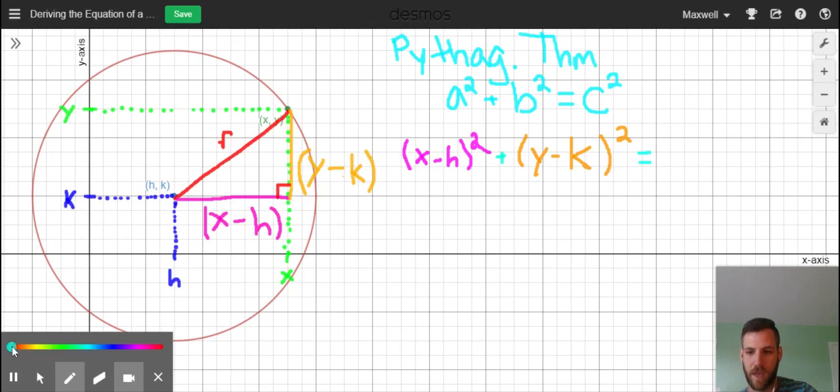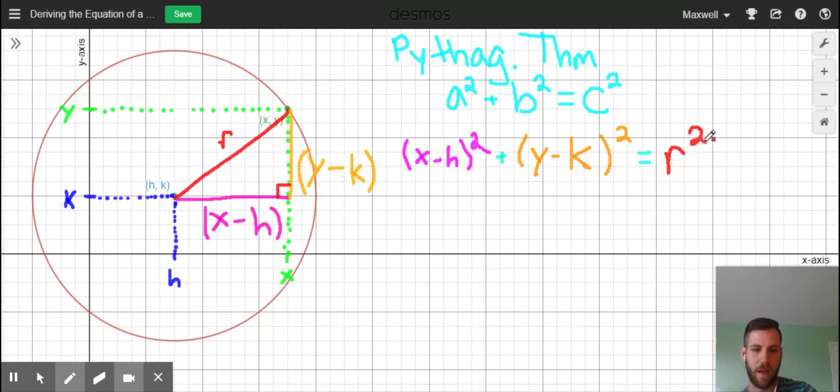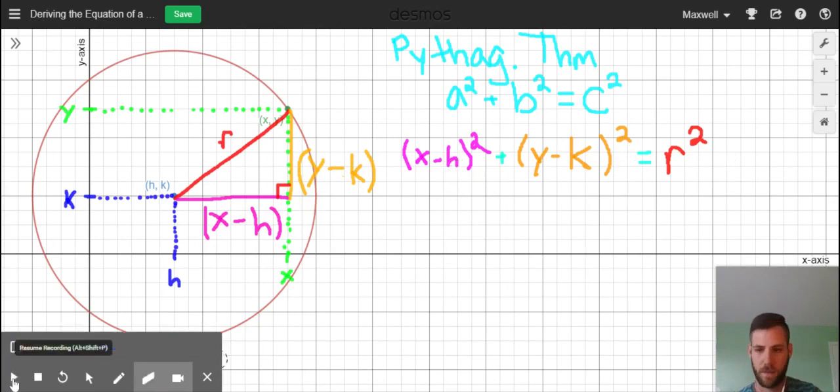So we can write in our hypotenuse squared, or in this case, our radius squared in red. And so I've just written out an equation using the Pythagorean theorem, and that is actually the equation of a circle. (x minus h) squared plus (y minus k) squared equals r squared.